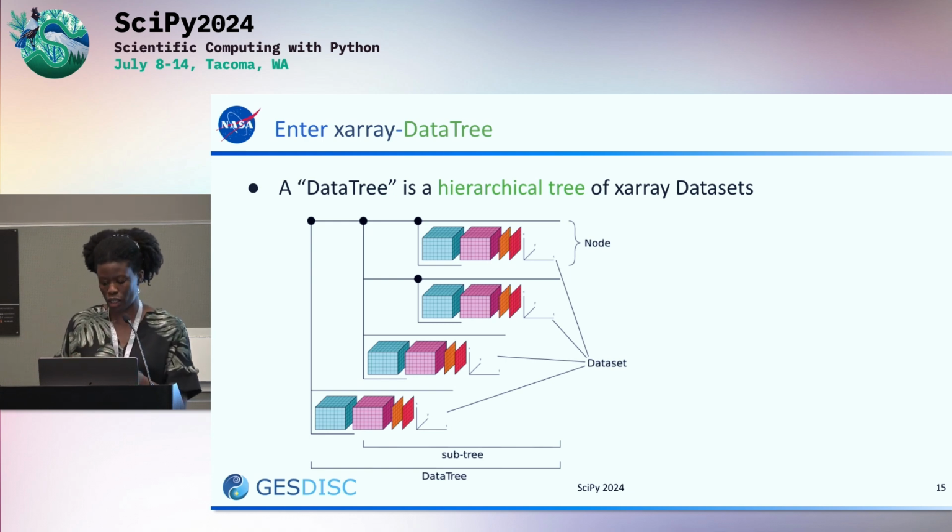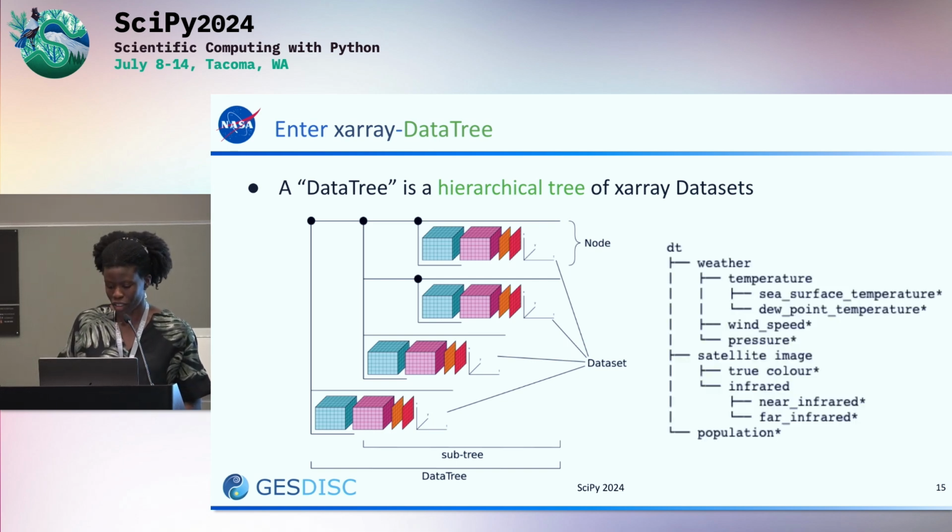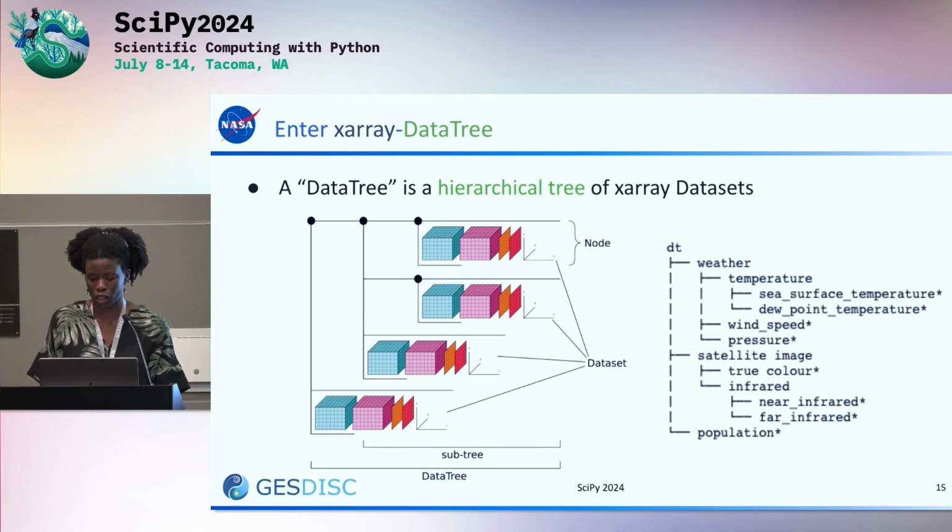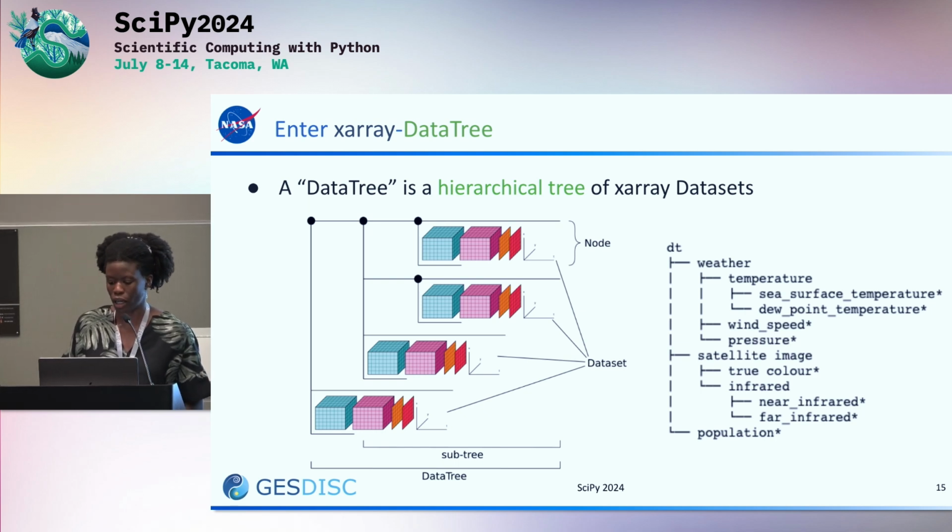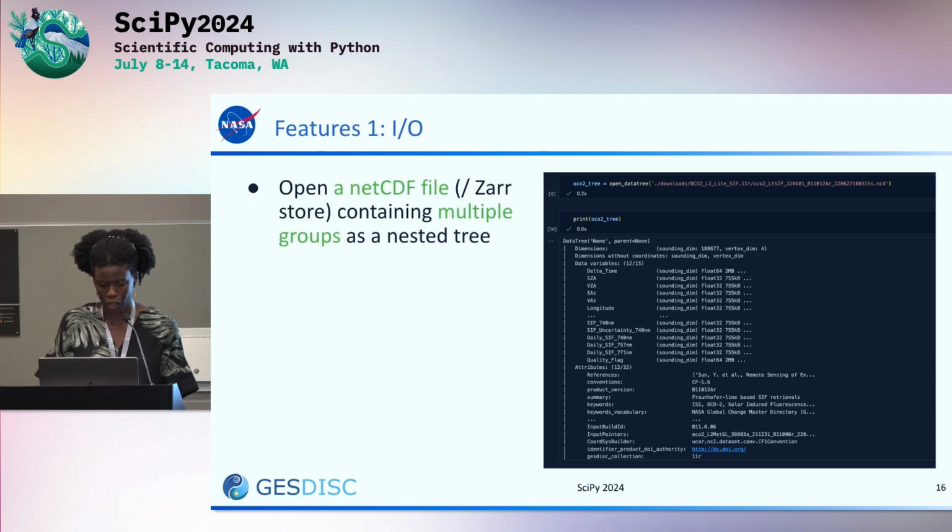So now it enables us to see the whole data set and open it in a way that reflects the entirety of the data set without having to open it individually. This is what it would look like if you were to open it with xarray.open_datatree.